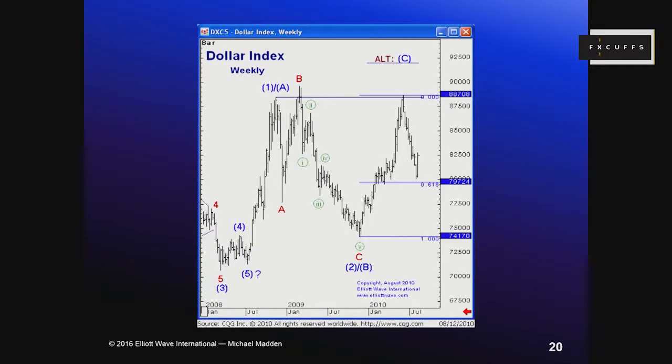With my explanation of the wave principle, I wanted to keep it as basic as I could, but when Elliott published a book called Nature's Law, he figured out that the wave principle was governed by the Fibonacci measurements.